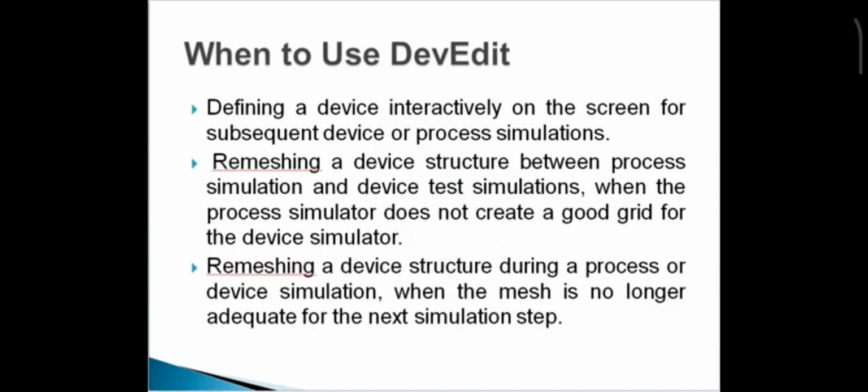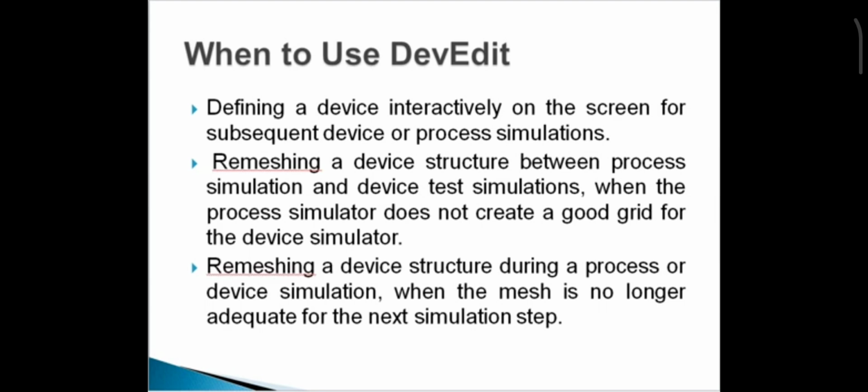When to use DevEdit? First, defining a device interactively on the screen for subsequent device or process simulations. Second, remeshing a device structure between process simulation and device test simulations, where the process simulator does not create a good grid for the device simulator.